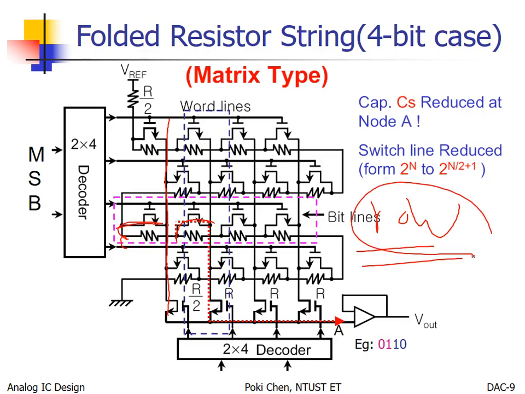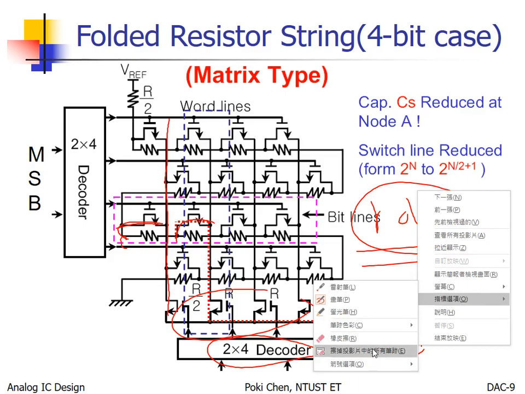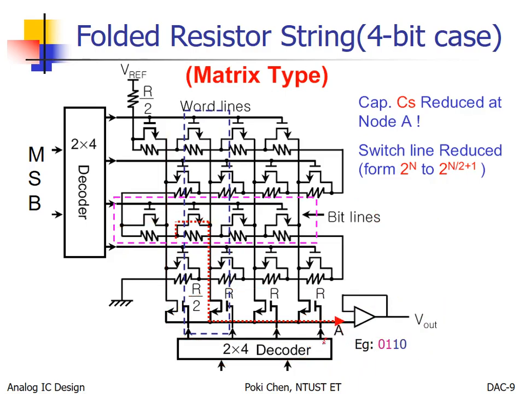But which column will be sent to the output? It depends on the LSB decoder. Right now, LSB is 1, 0. So you have 0, 0, 0, 1, 1, 0.